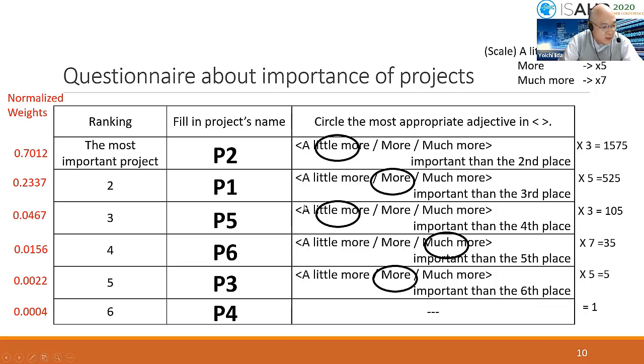After that, I calculated normalized weights for each project as in the AHP, and thus I obtained the individual weights of projects for all the members. These are calculated by dividing by the total of these.